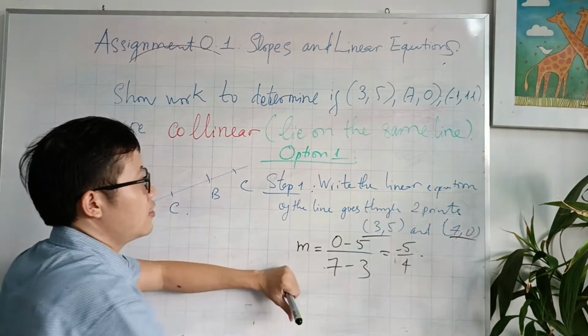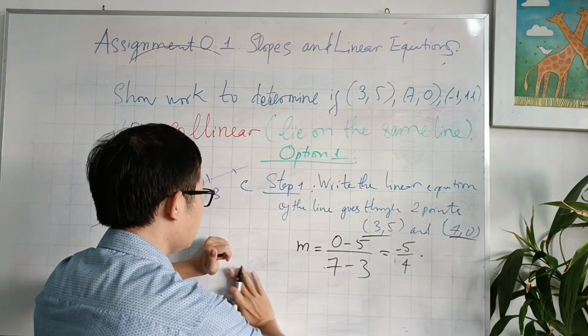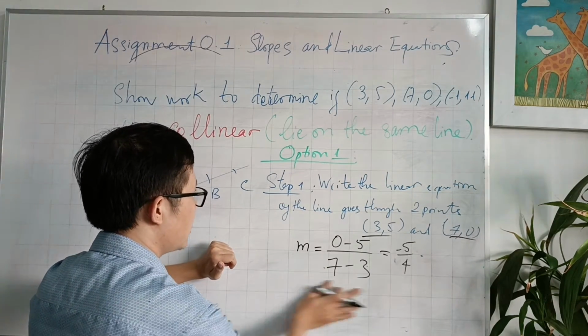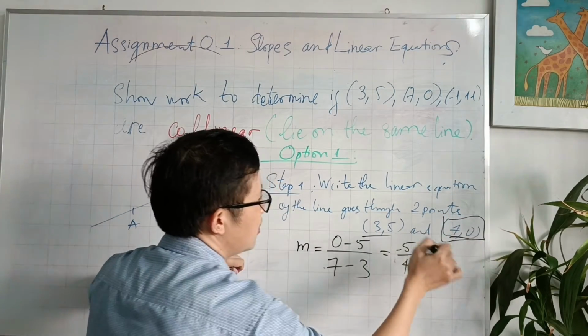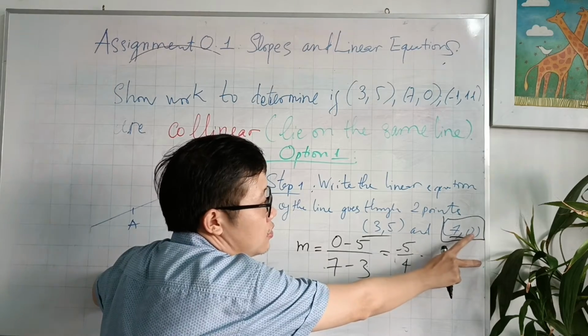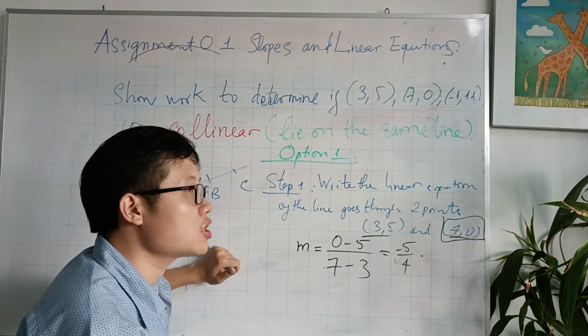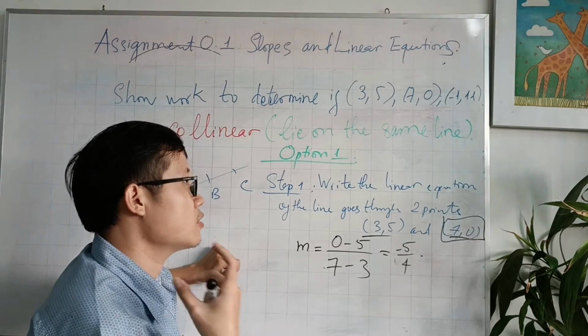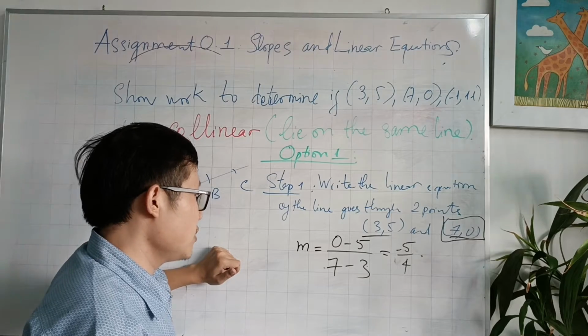And you choose 1 point to write the point-slope form. I choose the second point because its y coordinate is equal to 0, and it's easier for you when you compute expressions that have a value of 0.